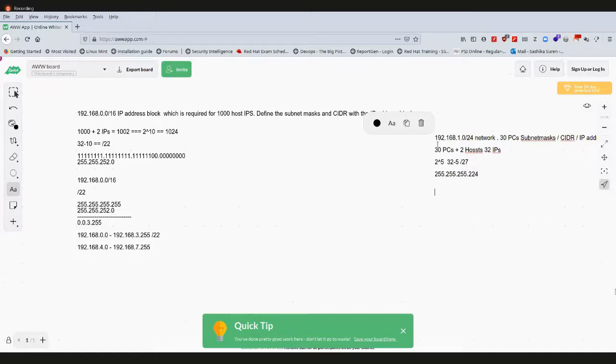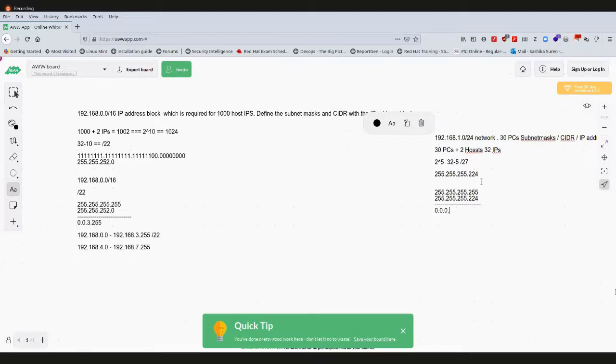So then you just take the whole subnet, 255.255.255, and reduce the value that you have calculated, 224. Once you reduce it, what you are getting is 0.0.0.